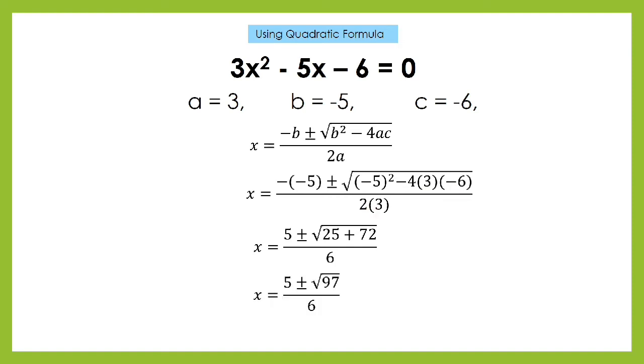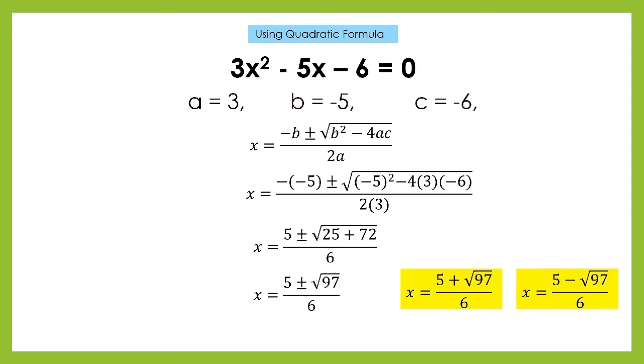Simplify. 5 plus minus square root of 25 plus 72 is 97 all over 6. Okay, let's separate the positive and negative result. The first one is x equals 5 plus square root of 97 all over 6. And the next one is 5 minus square root of 97 all over 6.